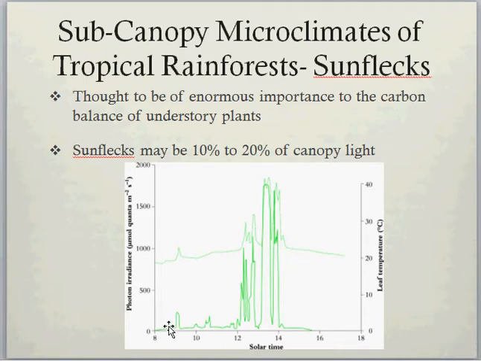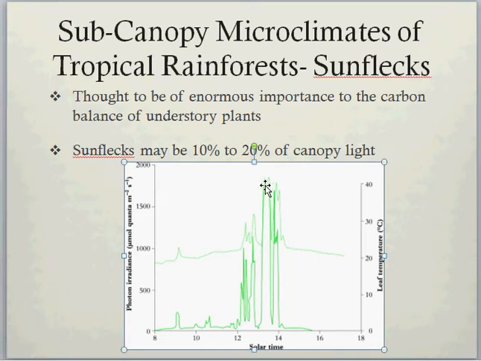And then suddenly it encounters a sunfleck, and the amount of photosynthetically active radiation shoots up, spikes, okay, up to maybe 40 to 50% of what it normally is above the canopy. And then around 1 o'clock you get a very large gap, so you get that amount of light for a good 20 to 30 minutes during the day.